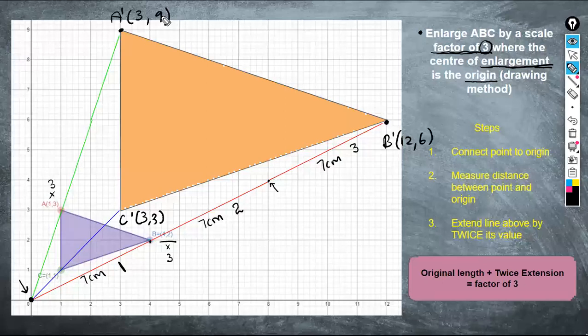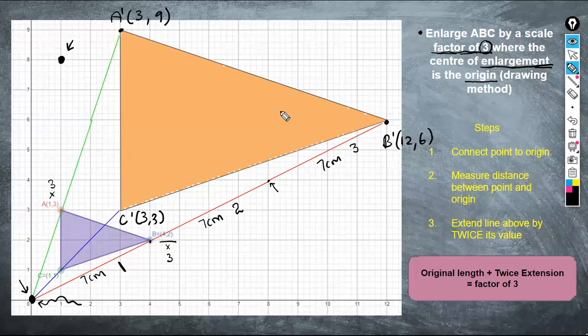But here's the thing, right? Multiplying by 3 only works if the center of enlargement is the origin. And this is real important. You're going to see a question today where the center of enlargement is not the origin, like for example, if I told you the center of enlargement was this point, which is not the origin, multiplying everybody by 3 simply would not work.